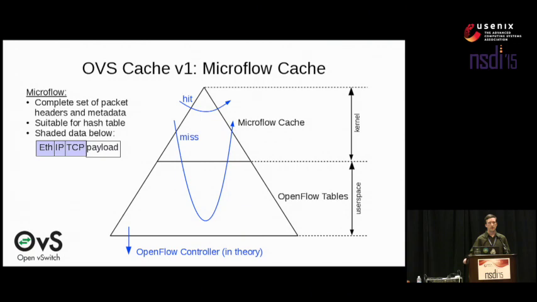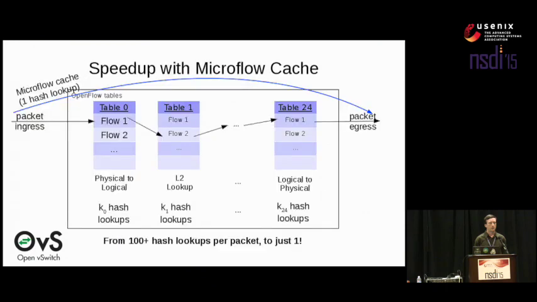So that was good enough until around 2012, and at that point we realized that there were fairly important workloads where it was not good enough, and it took us that long to figure this out. We had started Open vSwitch in, say, 2008 or so.